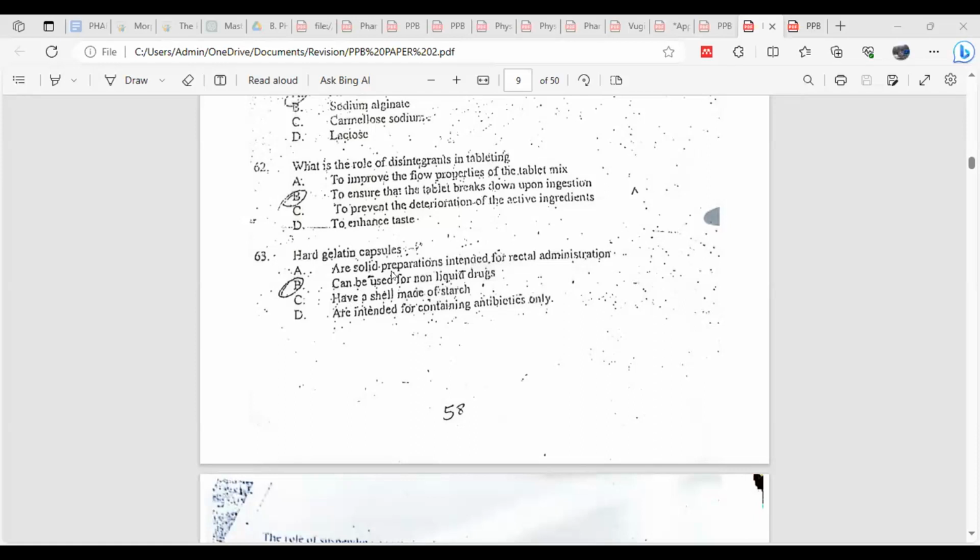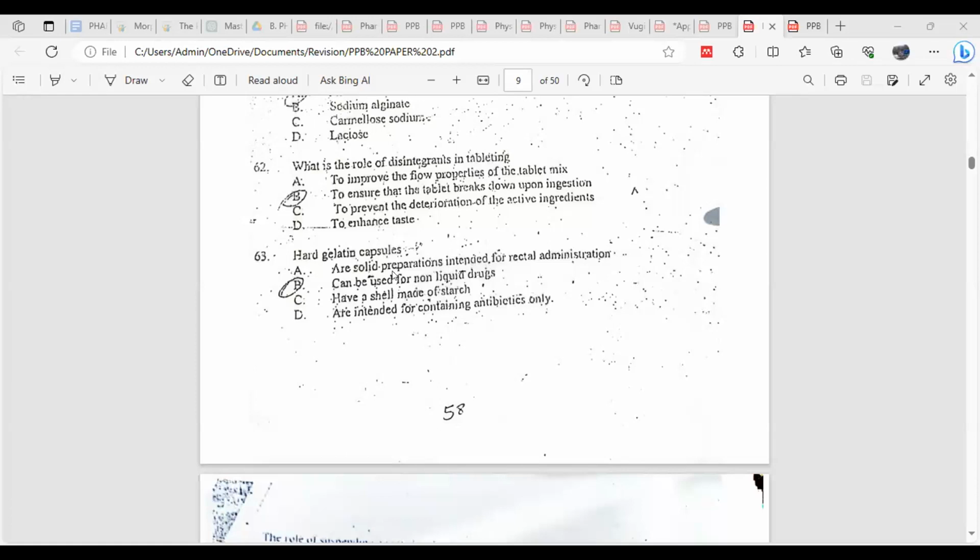I'm thinking B, because soft gelatin capsules are mostly for liquid drugs. Hard gelatin capsules are the usual ordinary capsules. Let me look at an image. The ordinary capsules are hard gelatin.